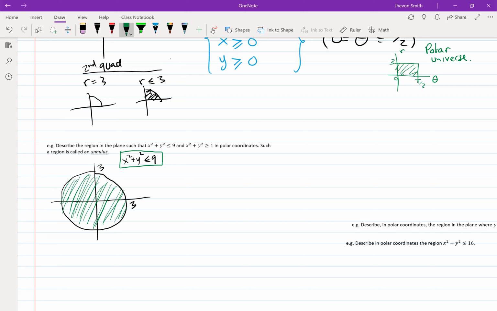The other guy we can get is, say, x squared plus y squared is greater than or equal to 1. So here's the 1. And that's that guy. Now I want greater than or equal to 1, which means I want the guys outside of that circle. So it's all of these guys over here.